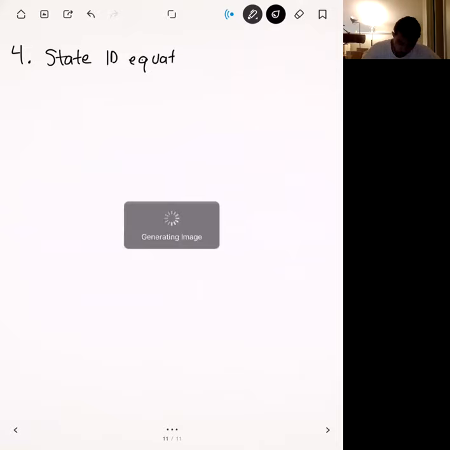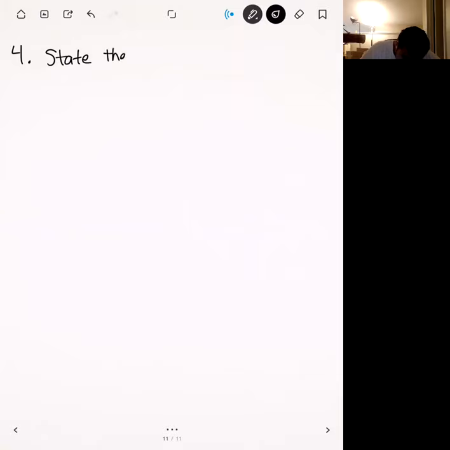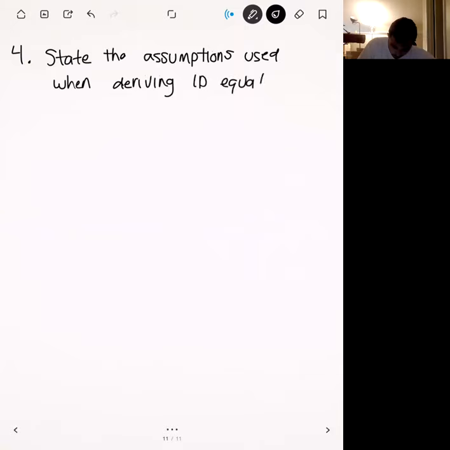Because we're doing a pretty vast simplification of the Navier-Stokes equations, we had to list some assumptions in order to do this.